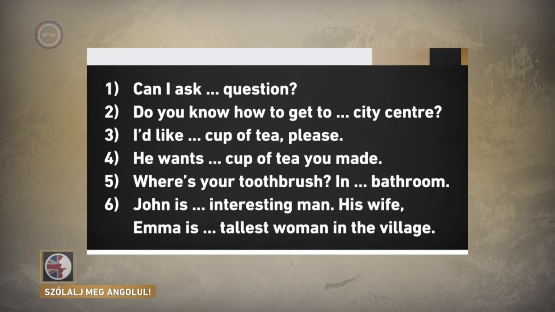Number 4, he wants cup of tea you made. Number 5, where's your toothbrush? In bathroom. Number 6, John is interesting man. His wife, Emma, is tallest woman in the village.